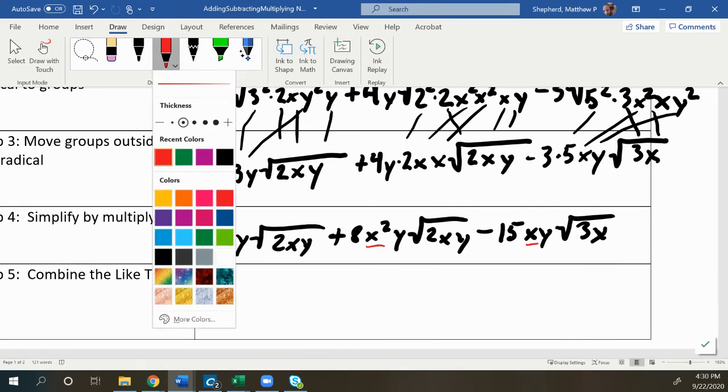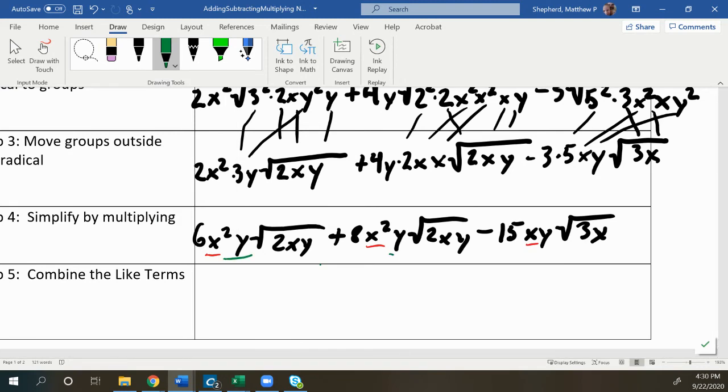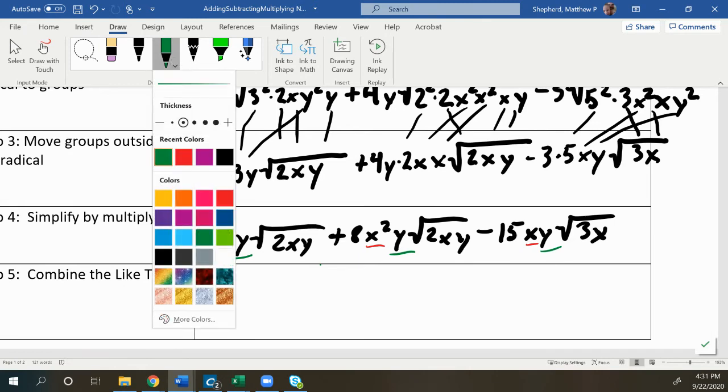Now, in order to combine like terms, all the variables have to be the same, and not just that it has to be the same letter, but it needs to have the exact same exponent. So you'll notice in this third term, even though the other two had an x squared, that one just has a normal x, just an x to the power of 1. We cannot combine this minus 15 with these other ones because they are not the same.